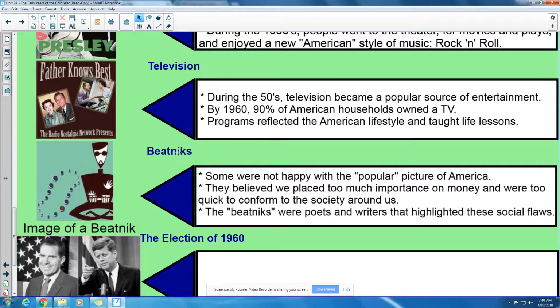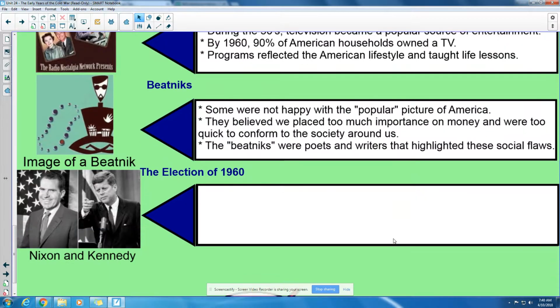These beatniks believe that Americans should have their own lives, that we should focus on being more of ourselves, and that this whole pop culture idea is a serious flaw in our society. These beatnik poets and writers love to highlight those social flaws in America, the fact that America is becoming perhaps less free because of its wealth.